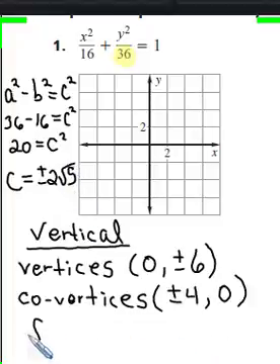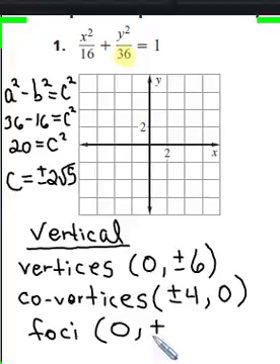So for the foci, your foci are always on the same axis as your vertices. So we know that it's going to be on the y-axis, making the x value 0, and then we'll have plus and minus 2 square root of 5.